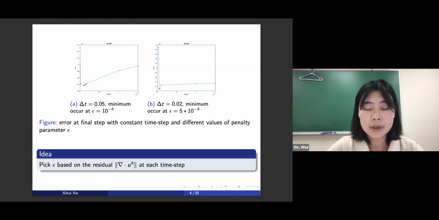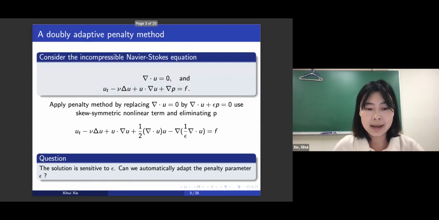For different constant time steps, the left-hand side is dt equal to 0.05, the right-hand side dt is 0.02. For different time steps, the penalty method has a different optimal penalty parameter. So the choice of epsilon depends on many conditions.